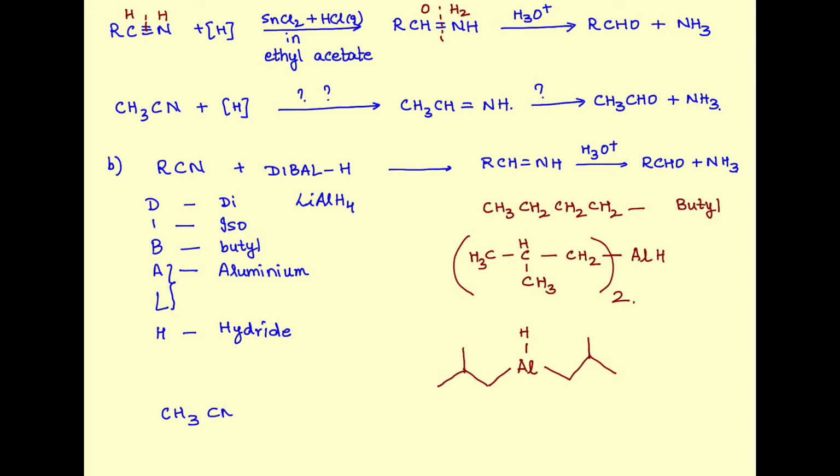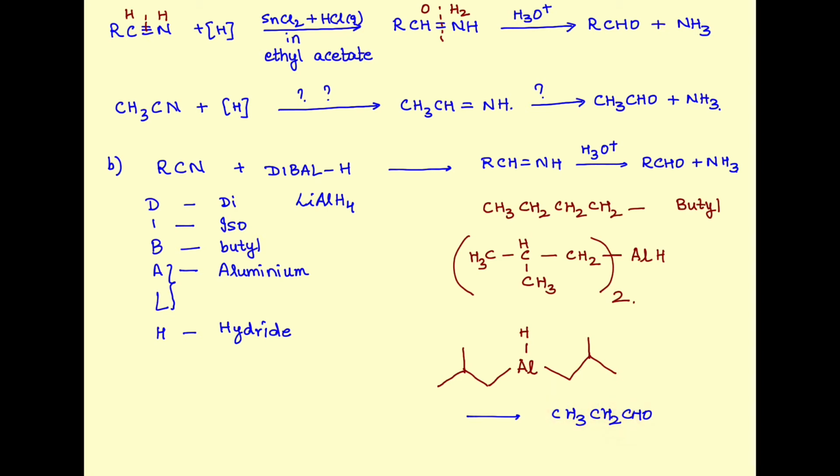CH3CN, or maybe why don't you try preparing CH3, CH2, CHO this time. Go ahead, write what will be your starting reagent for preparing propanal. Right? Did I get the name right? 1, 2, 3. 3 carbon atoms.